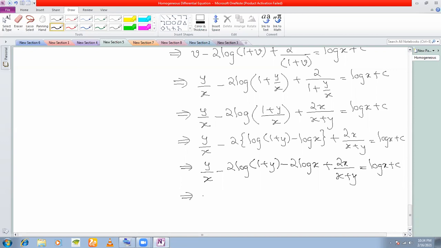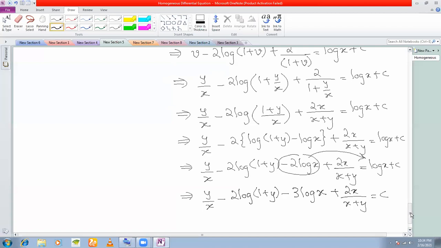That means you get y by x. Now you can take this minus 2 log x on this side, so you get 3 log x. Or you can take it on this side only, no problem, this side will be better. You can write this as minus twice log 1 plus y minus 3 log x plus 2x by x plus y is equal to c.